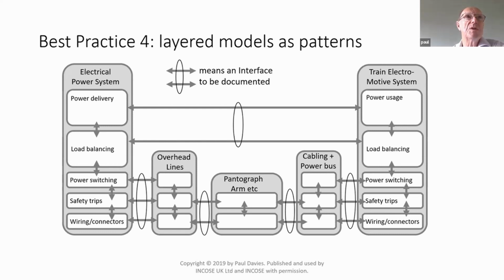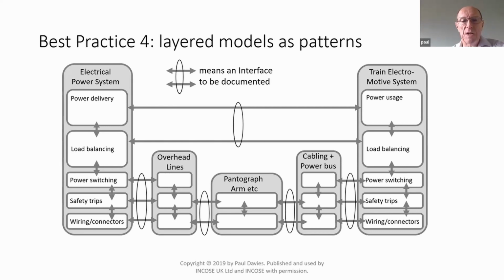But we can use this OSI pattern to say, at each level, within each swim lane, we depend on services provided by layers below. So the load balancing, it depends on power switching, safety trips and wiring and connectors at the lowest levels, and try and make those vertical interfaces as standard as possible so that you don't need to rewrite them for every project.